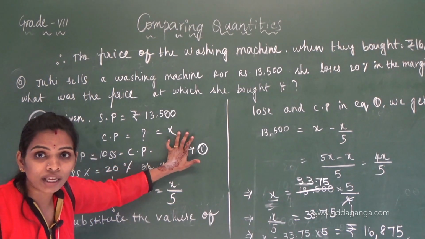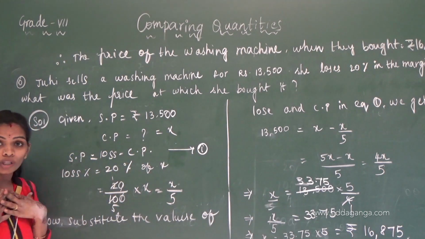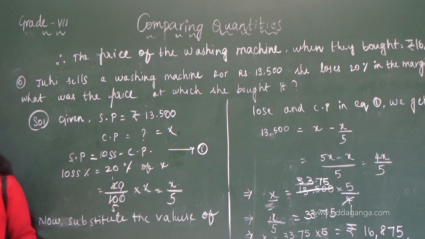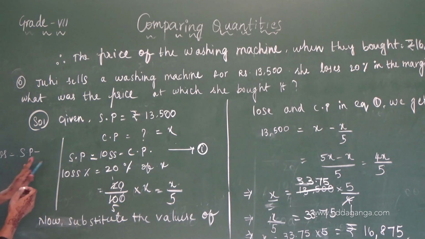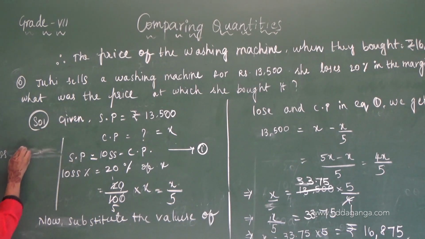That's why on behalf of that I am putting x, and then we know loss equals CP minus SP, correct?